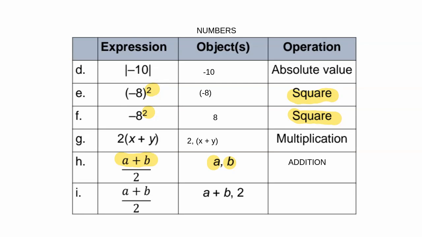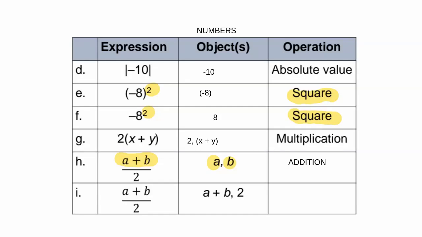That's the operation. We're not looking at the 2, the denominator. No, not yet. We're only looking at A, comma, B.